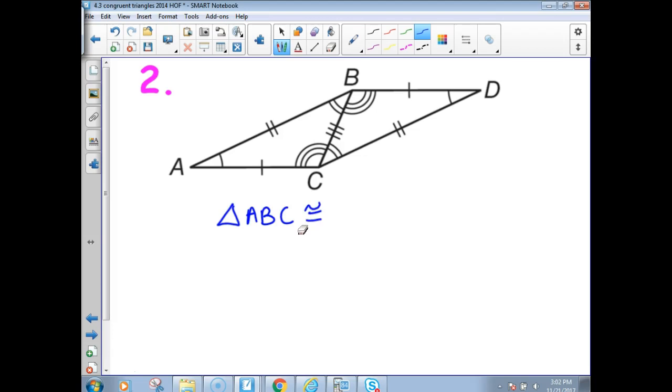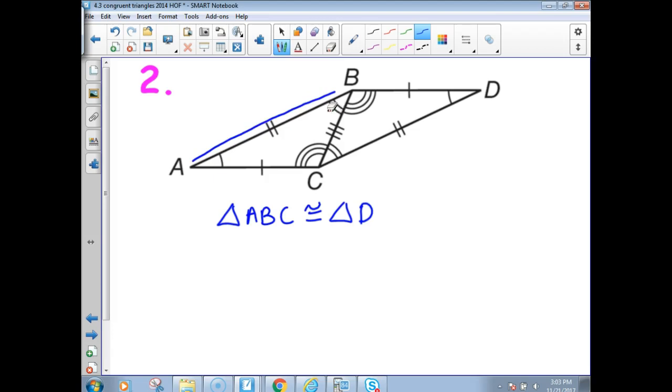Okay? So if everybody didn't go ABC, the way I wrote the first triangle determines how I write the second one. Okay, so I started with A, which had a single arc mark. So what do I have to start with on the other triangle? B, okay? All right, I then went to B. Now notice how B, the angle right here is marked.